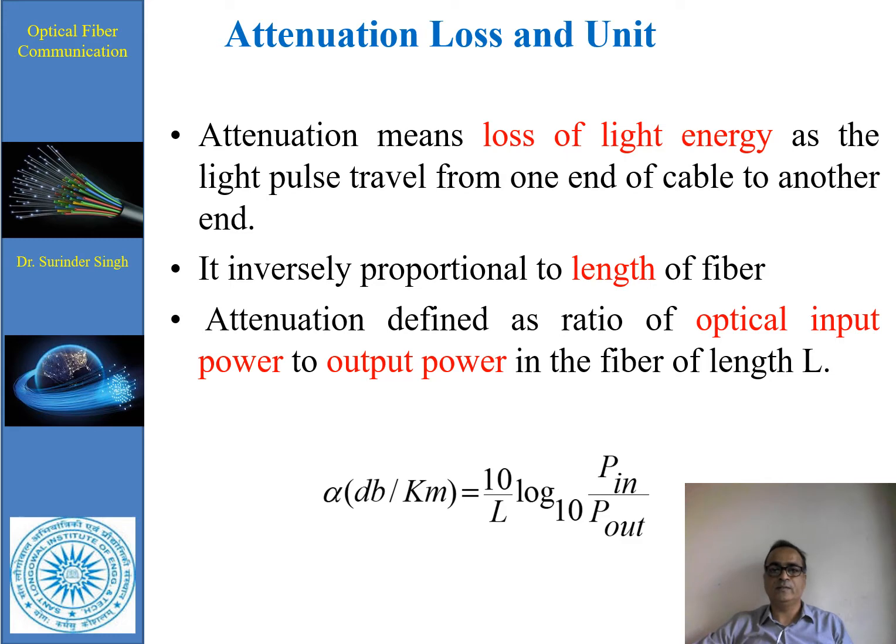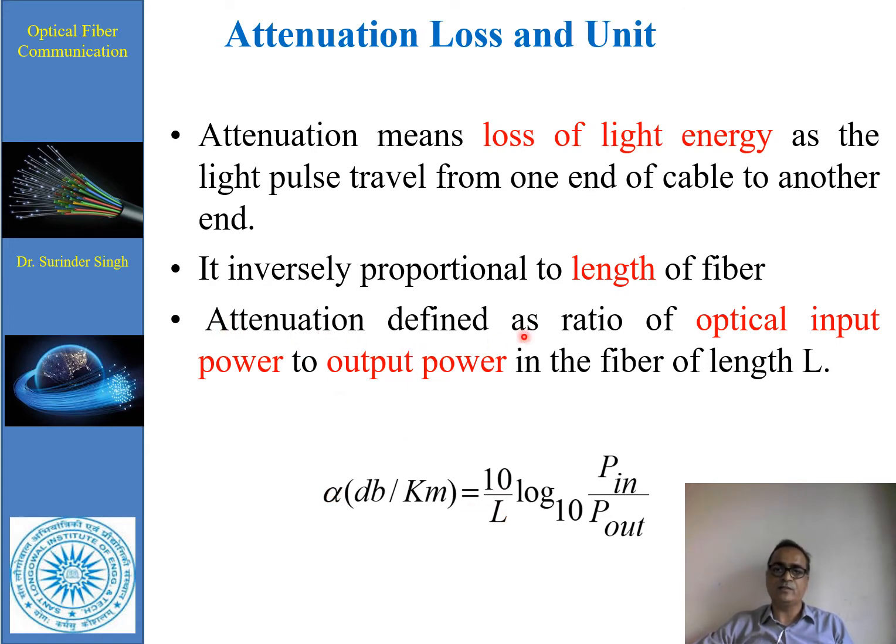This attenuation is measured in terms of dB with respect to the length, and dB is used for comparison of power level, which is defined as the ratio of input optical power for a particular wavelength to the output optical power, represented as 10 log10 of input power upon output power. It is inversely proportional to the length of the fiber.